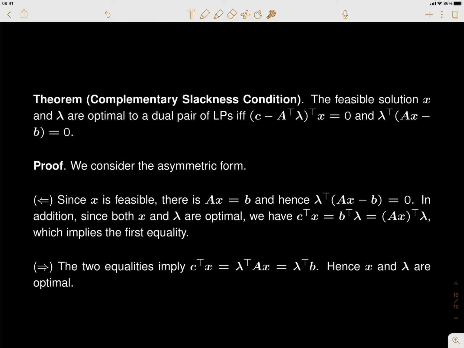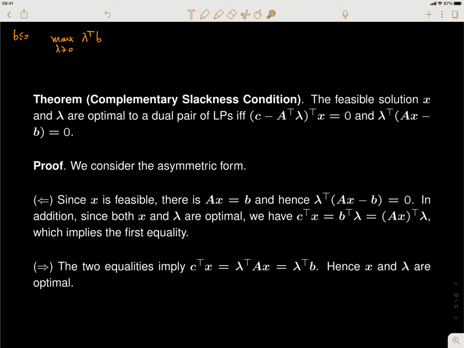If you recall, at the beginning of this lecture, we showed that when we're trying to maximize lambda transpose B, for lambda greater than or equal to 0, it holds if and only if lambda_i times b_i is equal to 0 for all the i's. And that is essentially saying that lambda times b is equal to 0. We should replace the b by AX minus b, and that will be this condition here.